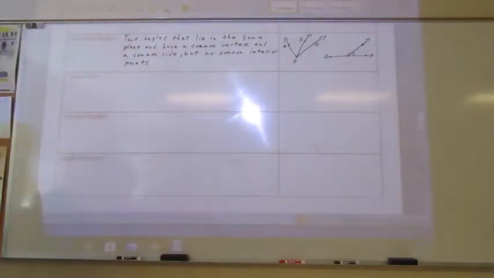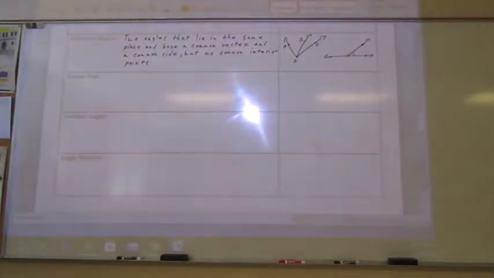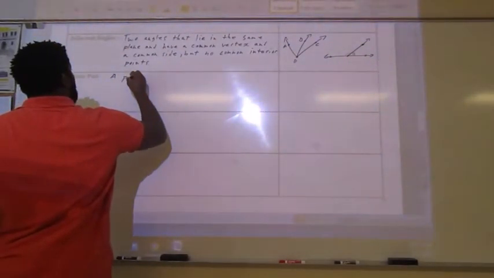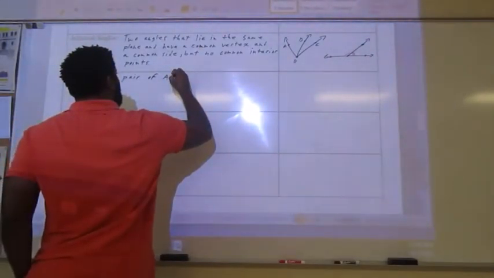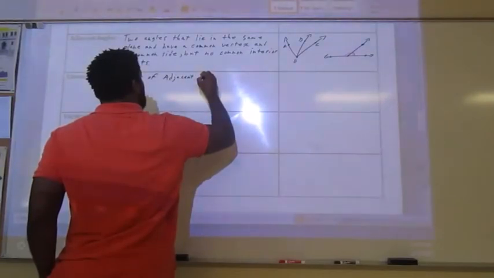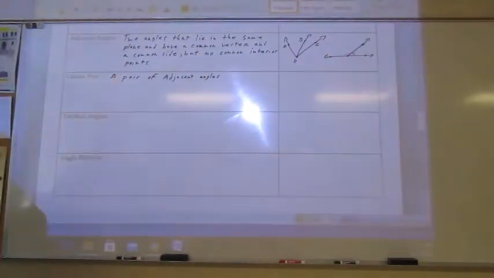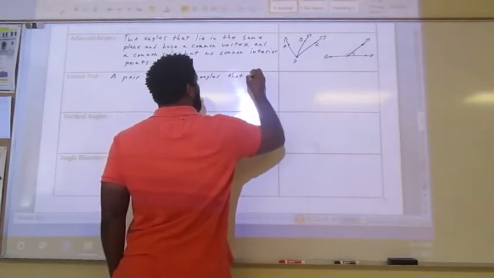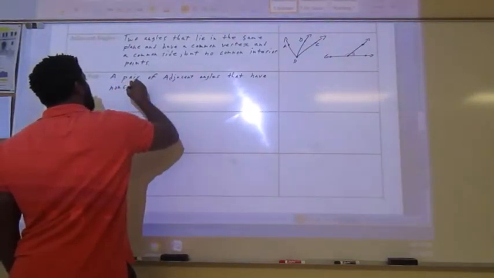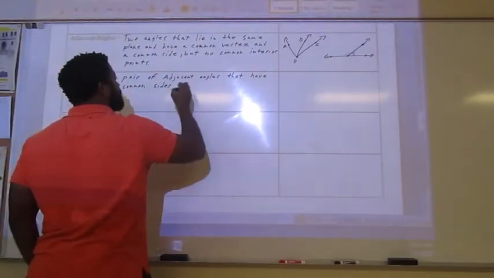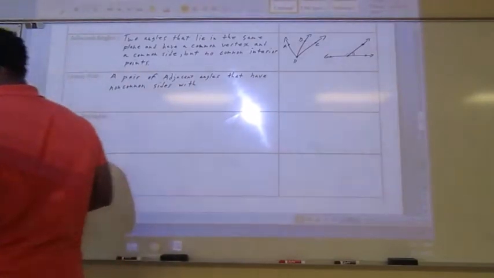Linear pair. A pair of adjacent angles that have non-common sides with opposite rays.